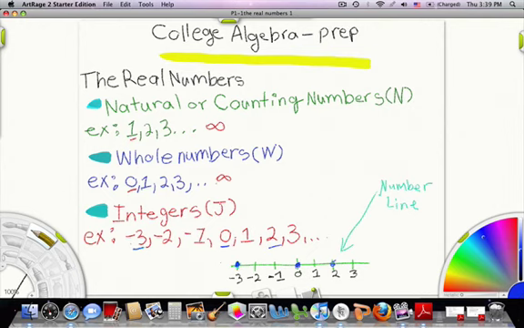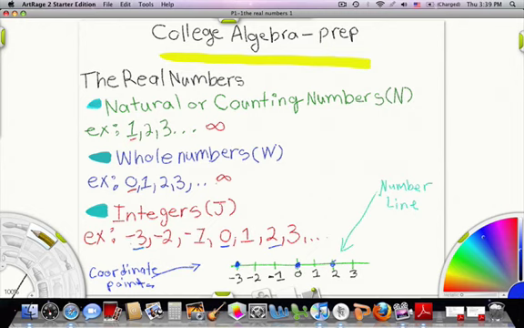These particular points are called coordinate points. The points on a number line are coordinate points.